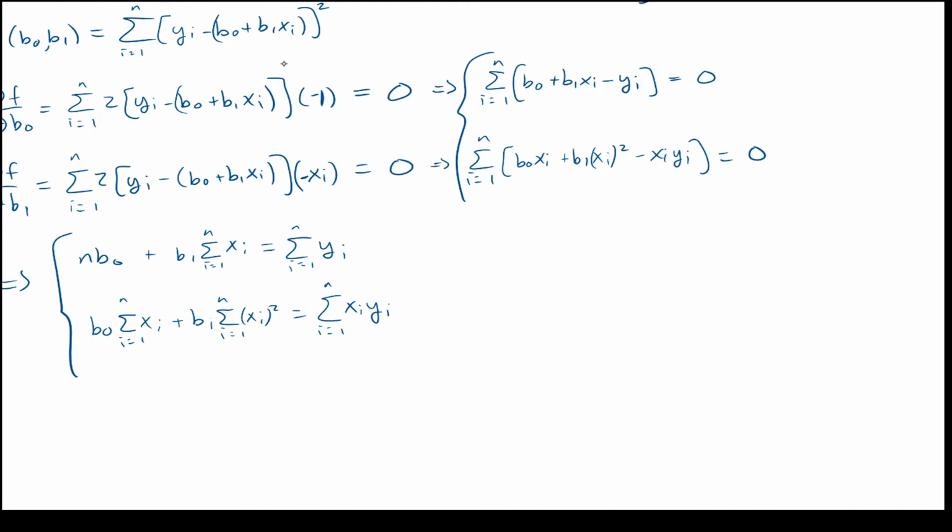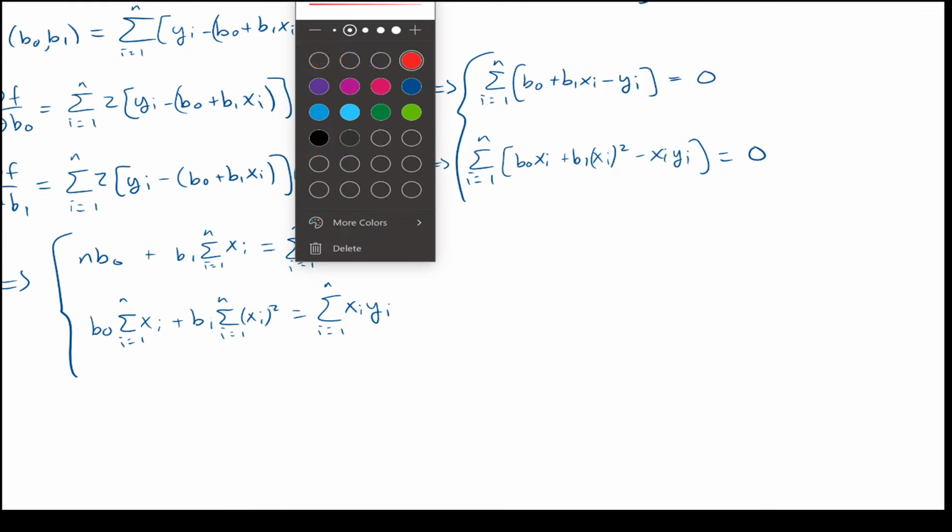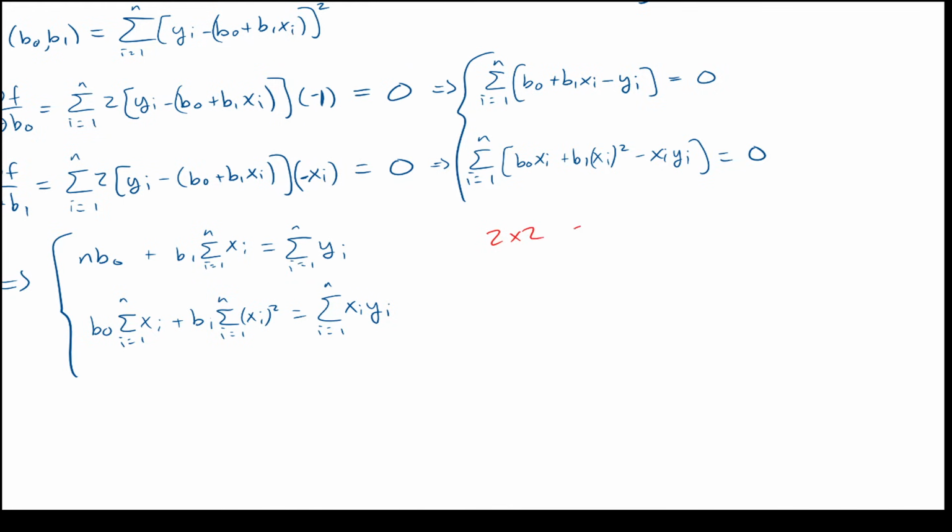And now we have a system of equations, two unknowns. So this is a 2 by 2 system of equations. The variables, don't forget the variables, are b0 and b1.